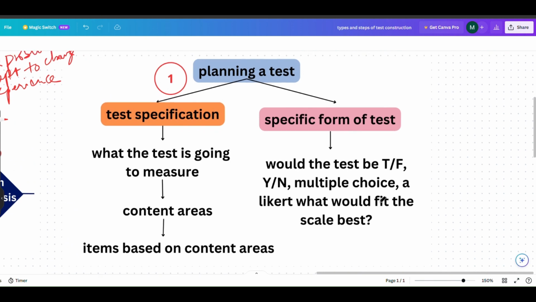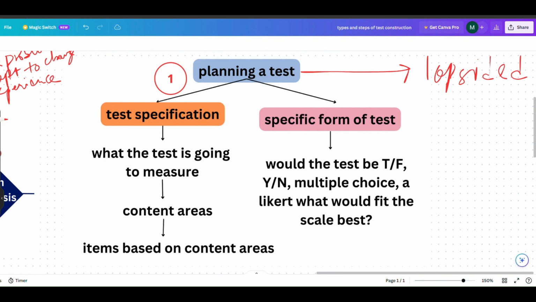There are 2 parts of the planning of the test. Okay, so if we see the UGC NET syllabus, actually they start from item writing. But planning of the test is very important, because if someone directly goes into writing, then they are likely to produce a lopsided test.